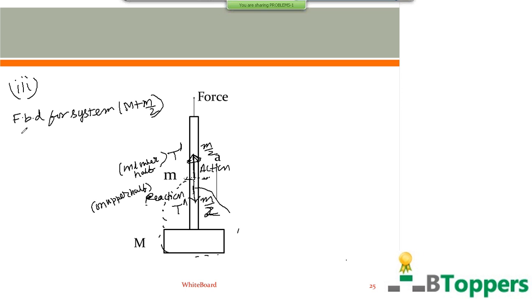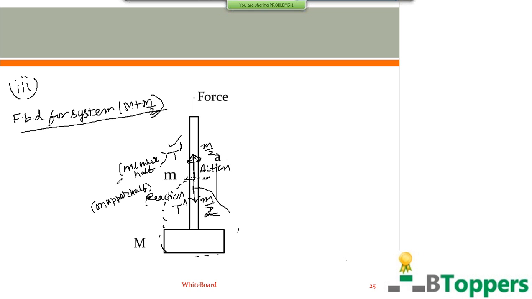Then in the free body diagram for this system, you must show only the forces acting on the system. That means the action, the force exerted on the lower half of the rope by the upper half, must be shown in the free body diagram for this system. But the reaction is the force exerted by the lower half of the rope on the upper half. That means the reaction is the force by the system.